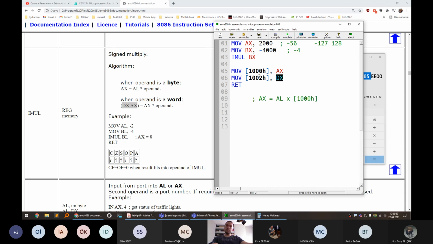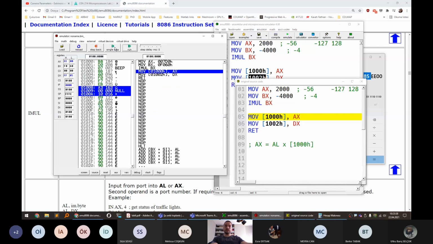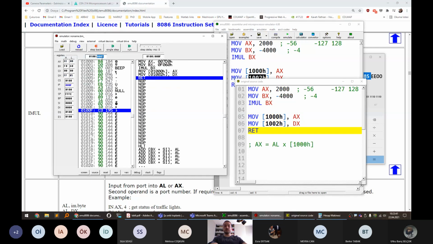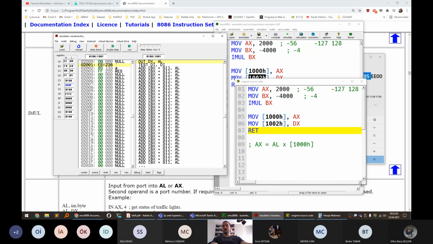DX is also 16-bit, will be stored into 1002 and 1003. Let's run this code and look at the 1000 address. FF85EE00. As you can see, -8 million is stored in the 1000H memory address, which is 32-bit.